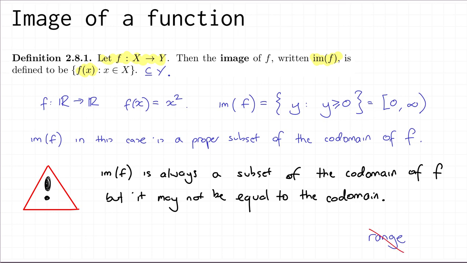So this is so confusing that we will never use the word range in Math 5. We will use image when we want to talk about the image, and we will use the word codomain when we want to talk about the codomain. And it's important to remember that the image is always a subset of the codomain, but it might not be equal to the codomain. It could be a proper subset of the codomain, as this example shows.